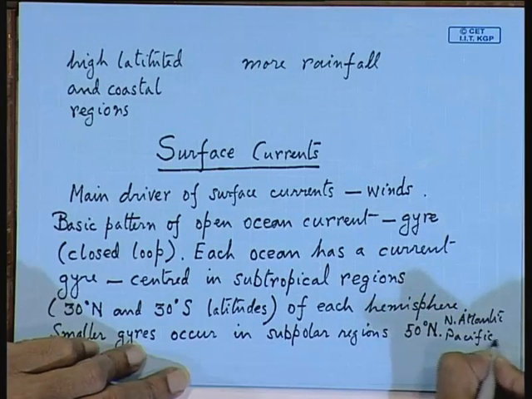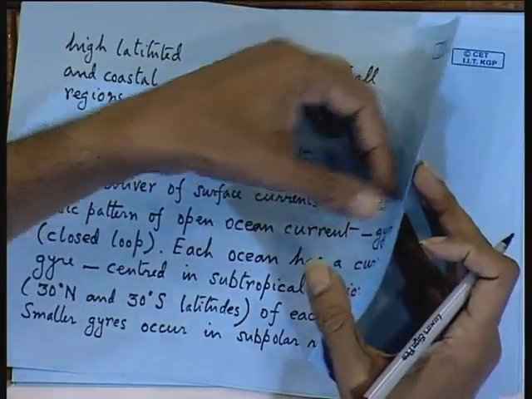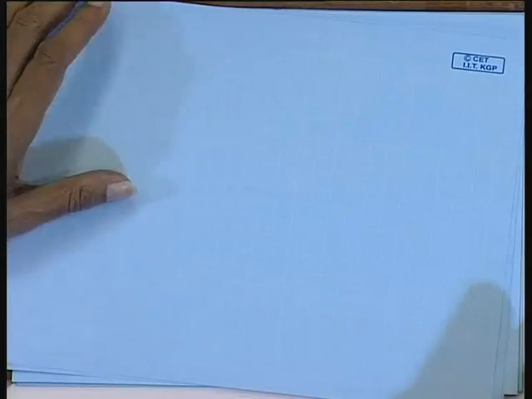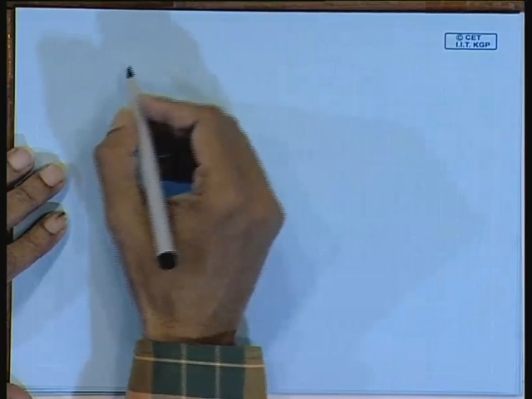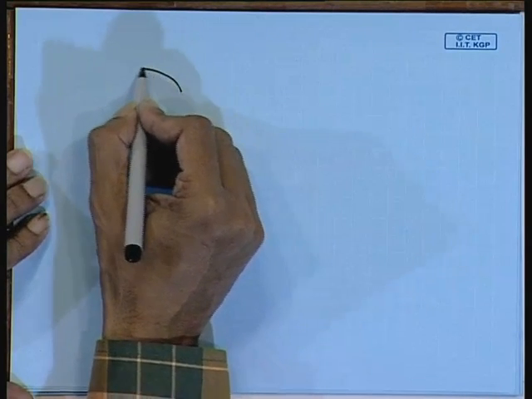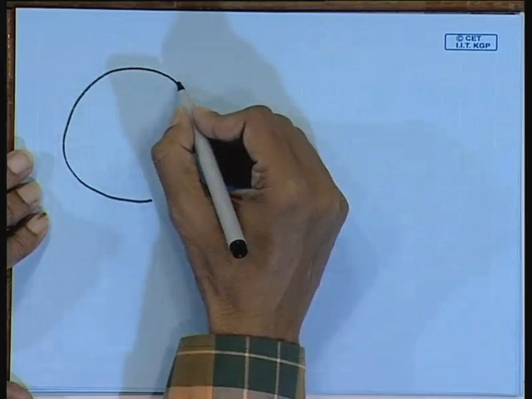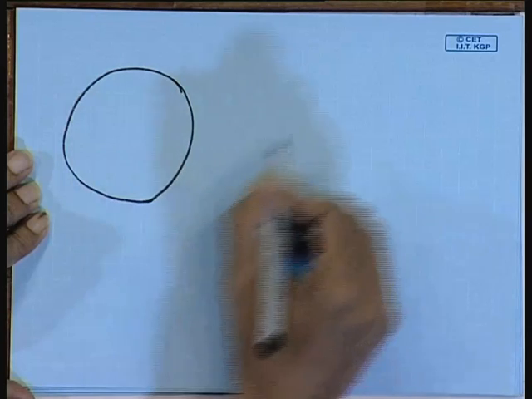Now, if you have a look at this current gyre, you can see in this, because current gyres actually influence the direction of the wind. So, if you draw two diagrams, one for the wind distribution and the other for the current distribution, it will look like this.